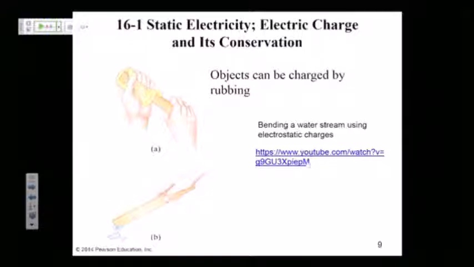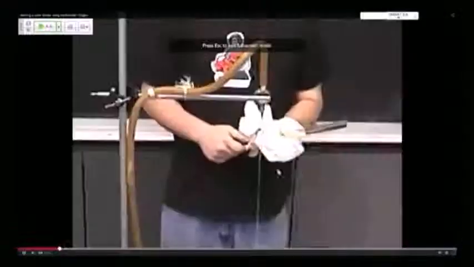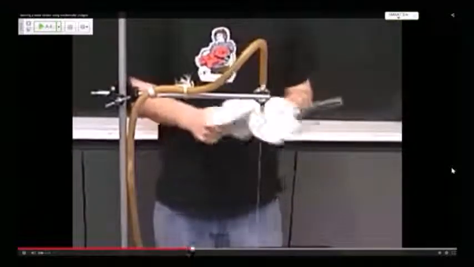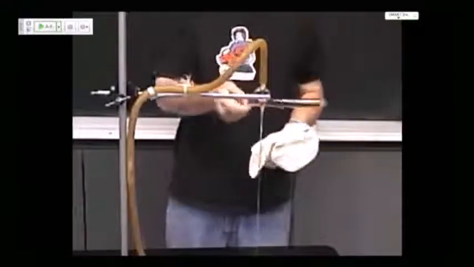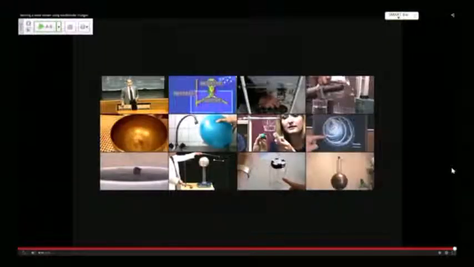This is another nice 15-second demo that I selected. Cut it out. Go. You see the bending of the water? What do you understand from this?